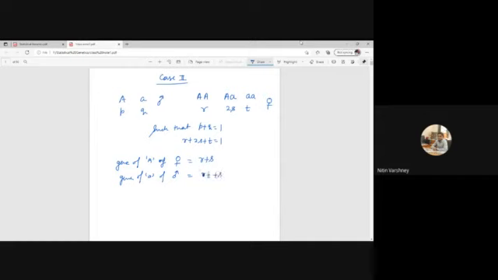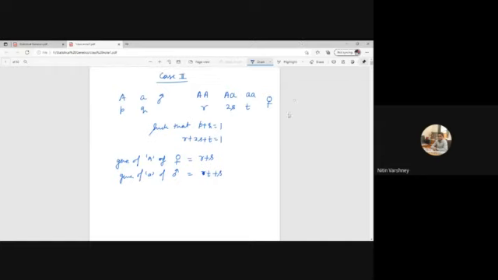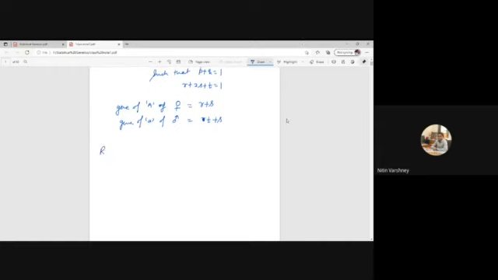Now to find out the proportion of genotypes in the next generation, we can use the principle that I told you: random union of gametes is equal to random mating of individuals.